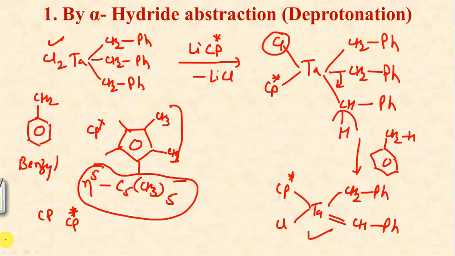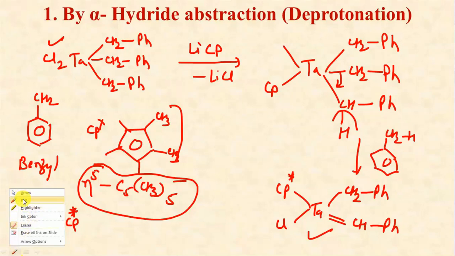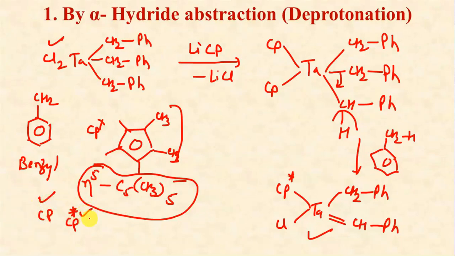But in case we use Cp in place of Cp star, then we can remove these two Cl with two Cp substituents, because as I told you, out of Cp and Cp star, Cp star is bulkier.